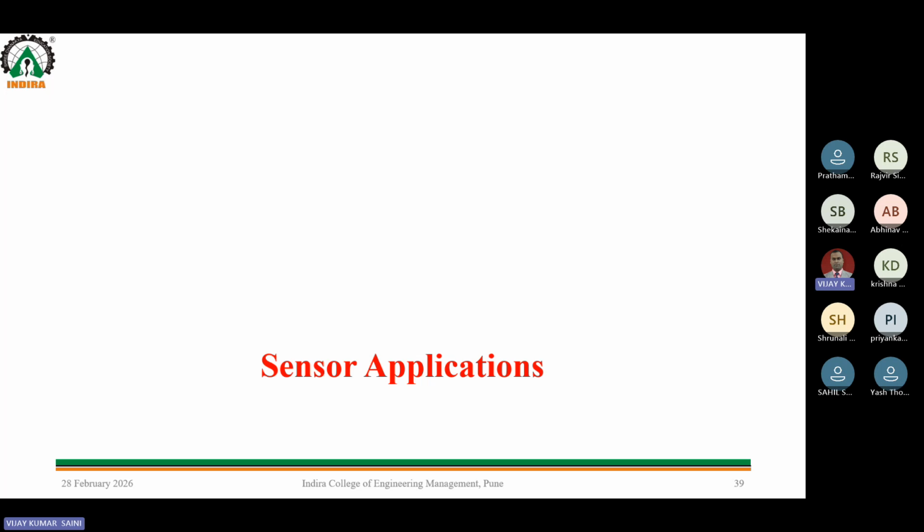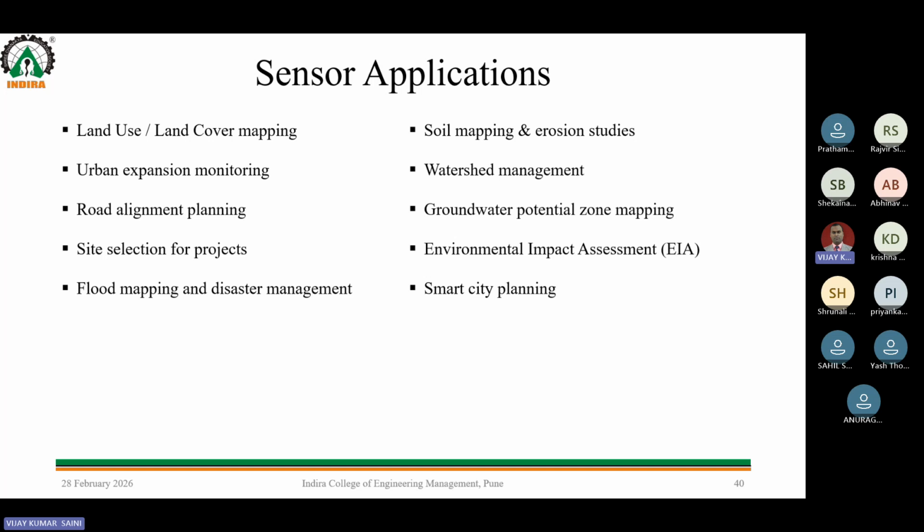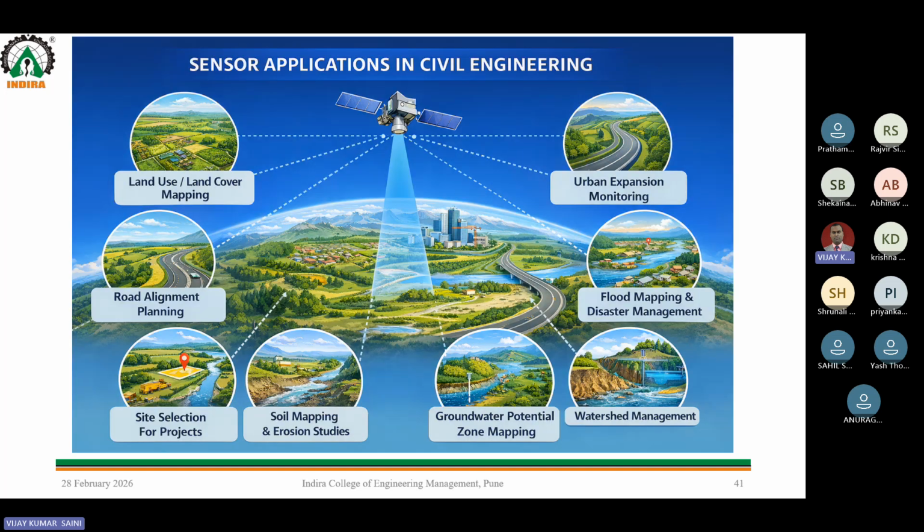Now, sorry, we'll see some sensor applications. I think I have given you 10 applications here, such as land use and urban expansion. For the exam point of view this is fine, but this is more appropriate in terms of teaching.